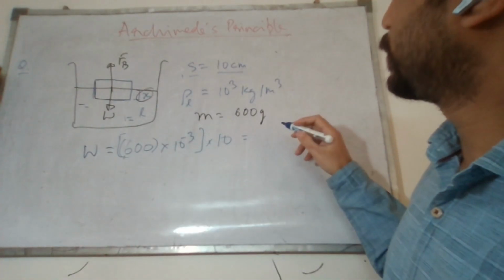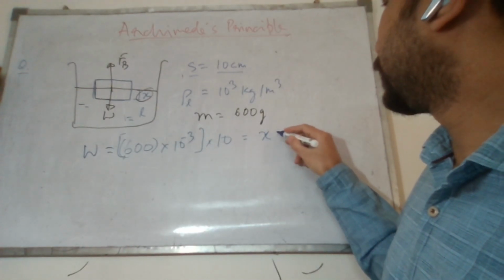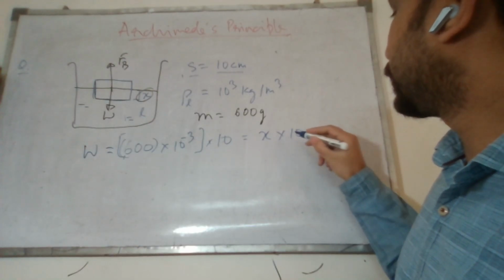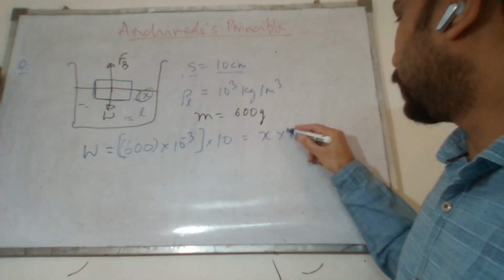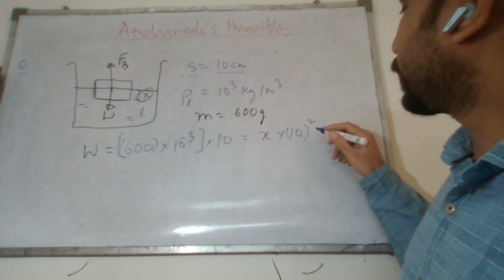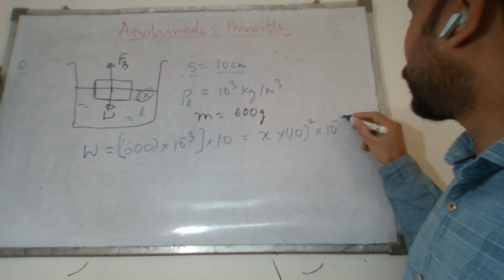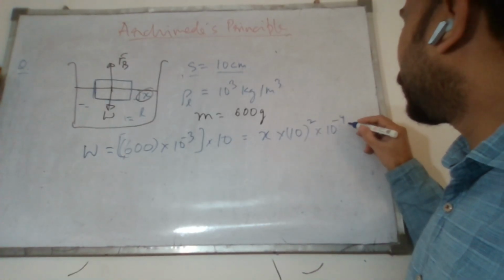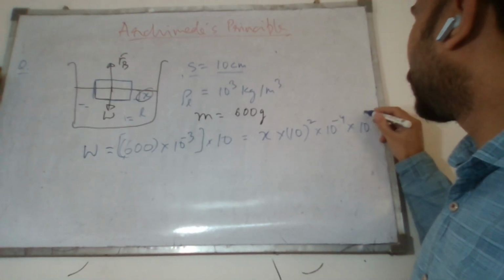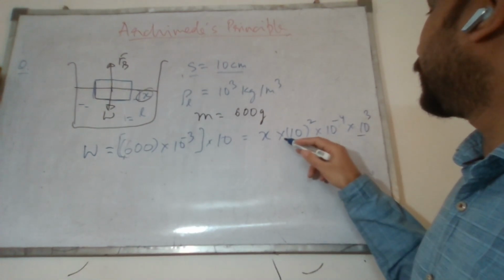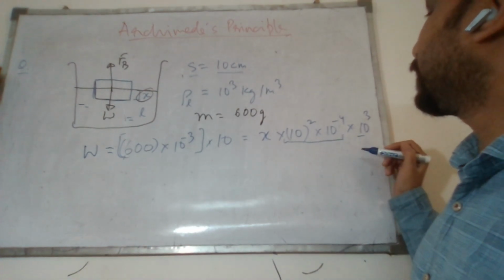This will be equal to x into 10 centimeter square, so that will be 10 square into 10 to the power minus 4, into the density of the liquid, 10 to the power 3. So 10 to the power 3 into 10 to the power 2 into 10 to the power minus 4.